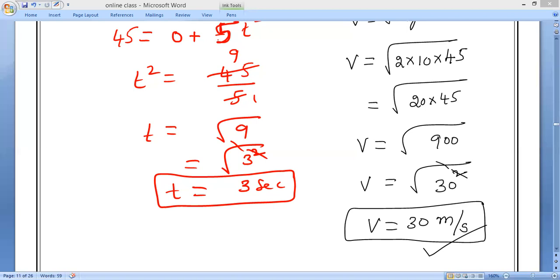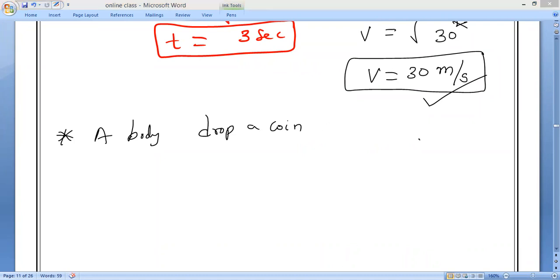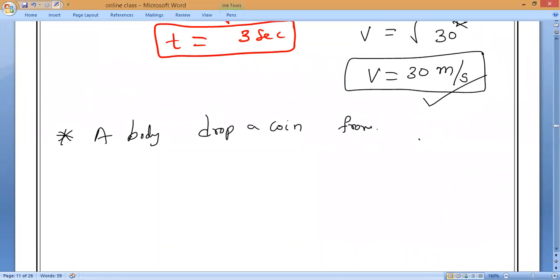Next question, right? A body drops a coin from the top of a tower. Write the question alone, we'll start. A body drops a coin from the top of a tower.